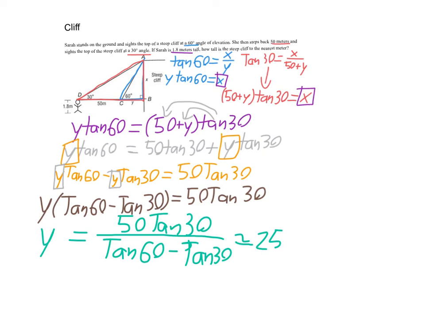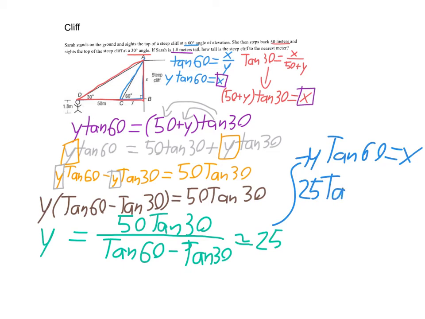If y equals 25, I can now plug that back into my blue equation that was y tangent of 60 equals x, such that 25 times the tangent of 60 equals x.